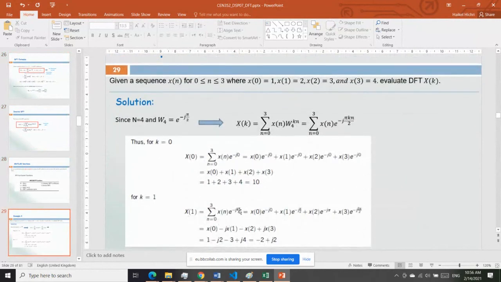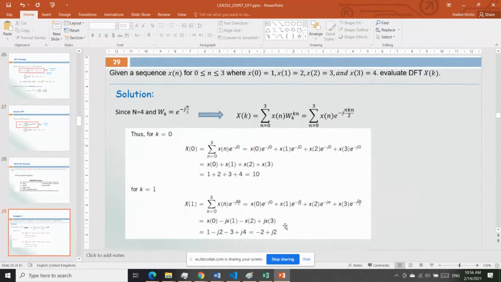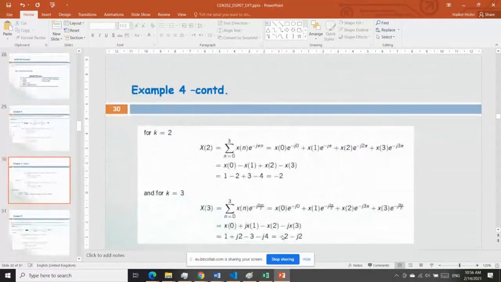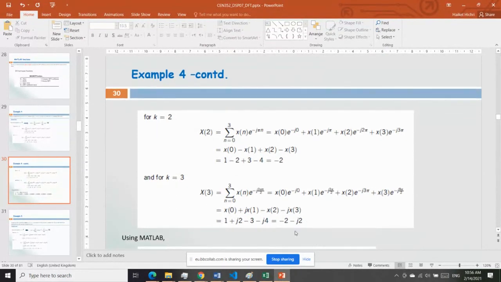بالنسبة ل K1 we put 1 instead of 0. And then we just compute it, becomes -2 plus 2j. K2 we apply the formula, we put instead of k we put 2, and then we can compute the formula, تطلع -2. For k is 3, تطلع -2 minus 2j.